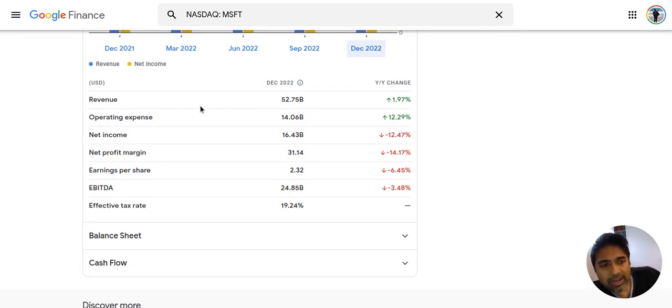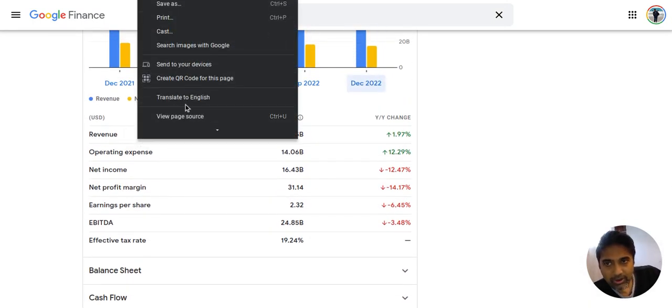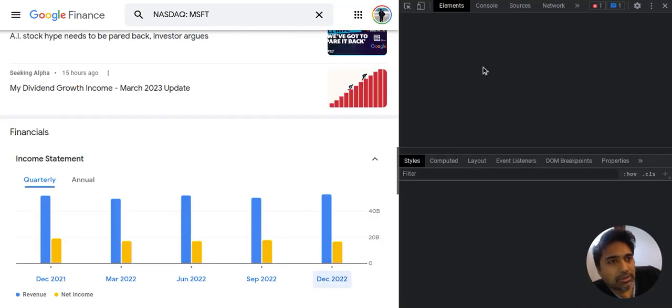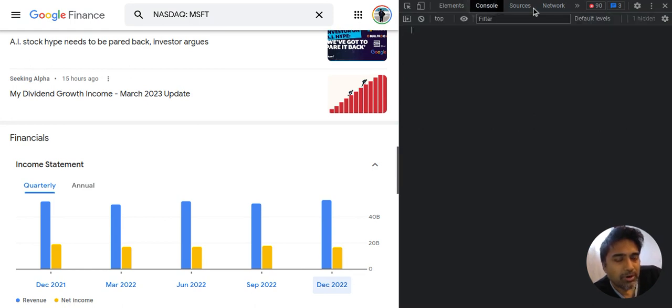If you right-click on it and look for inspect, it's going to open this console for you on the right side. And in the console, you can basically choose the XML format.